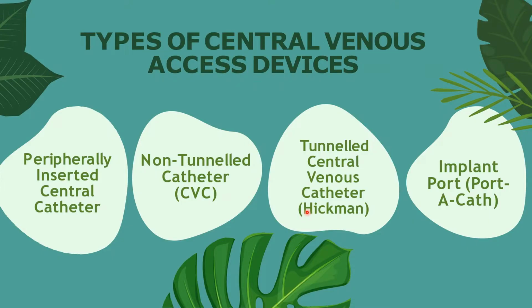There are different types of central venous access device. These are the peripherally inserted central catheter or the PICC, the non-tunneled catheter or the CVC, the tunneled central venous catheter known as Hickman, and the implanted port or port-a-cath.